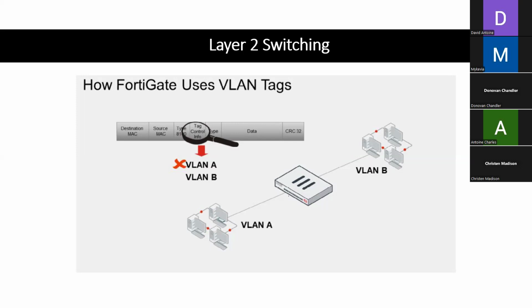Whenever the FortiGate is operating in NAT mode, it's going to operate at layer 3. Makivia, who configured this FortiGate, configured a VLAN interface on the firewall. So she created a broadcast domain that exists virtually on the firewall. What does that mean?